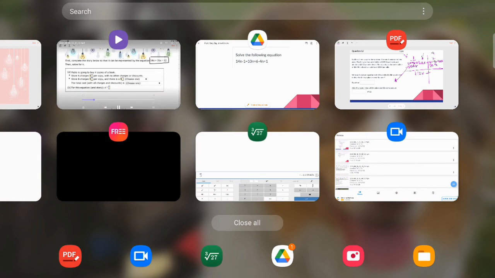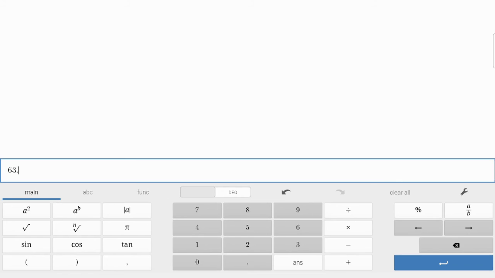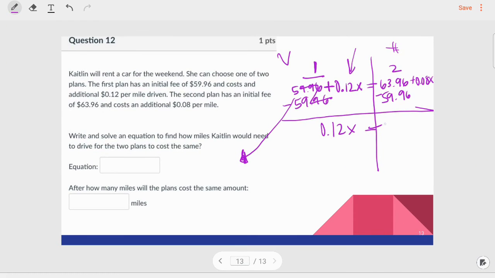63.96 minus 59.96 equals 4. Okay, this is my number side, so I'm going to get rid of 0.08x, my 8 cents per mile.